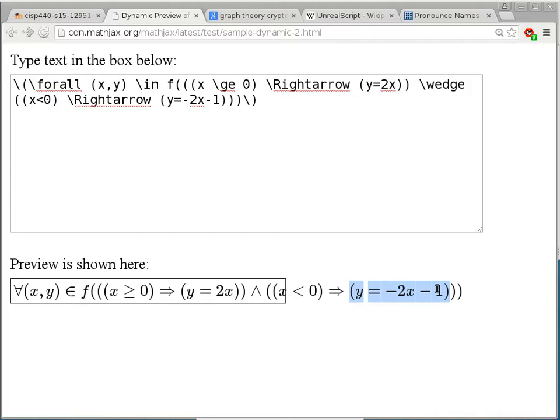Mathematically speaking, this is like a system of two equations. This is basically just describing what function f is. It's not a system. You have this one for these values. If you have these values, then you use this function.